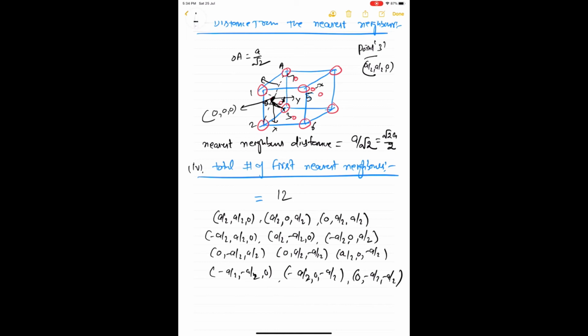That's it. So this makes it 3, 4, 6, 9 and 12. These are the total 12 nearest neighbors present in the FCC structure.